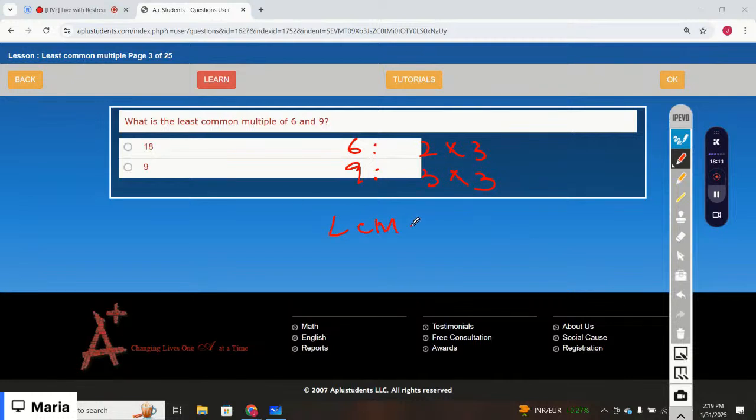So, for the LCM, you have to multiply the common multiple and the non-common multiples. 3 times 3 is 9 and 9 times 2 is 18.